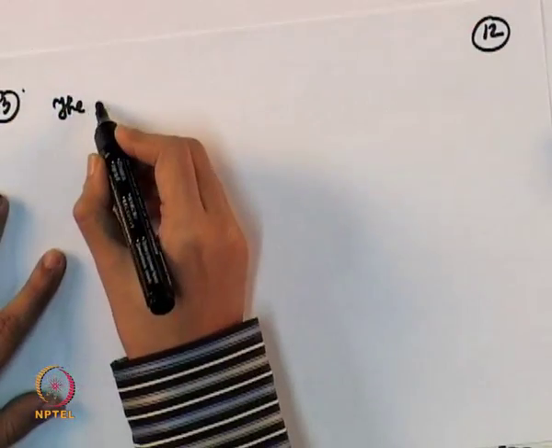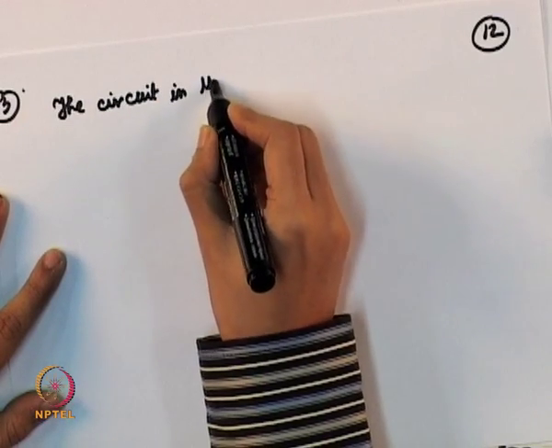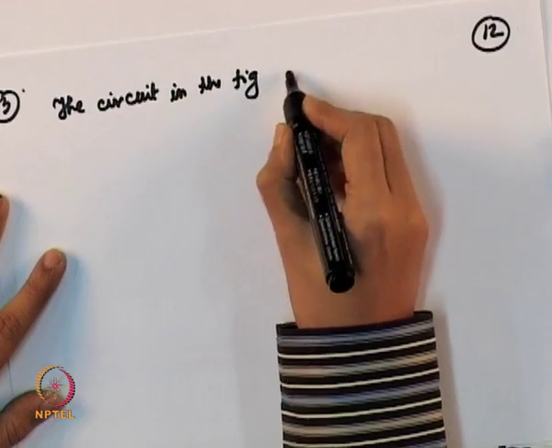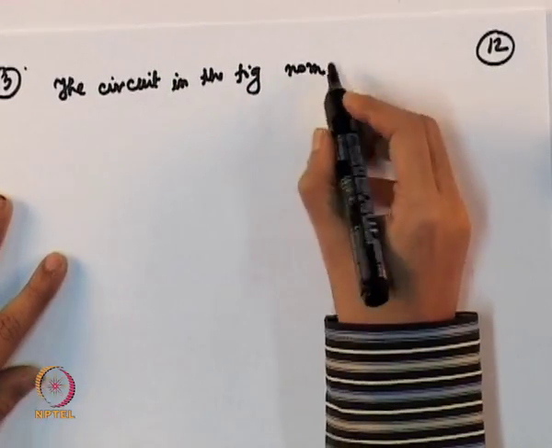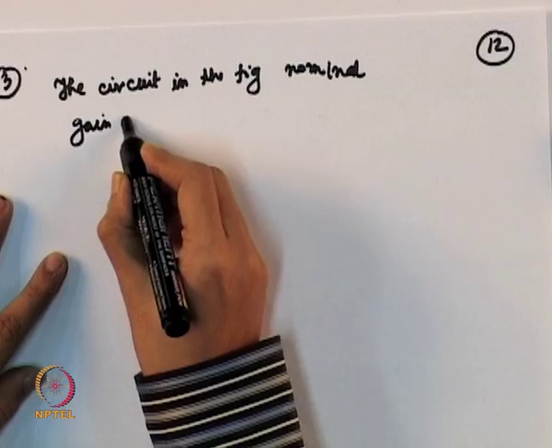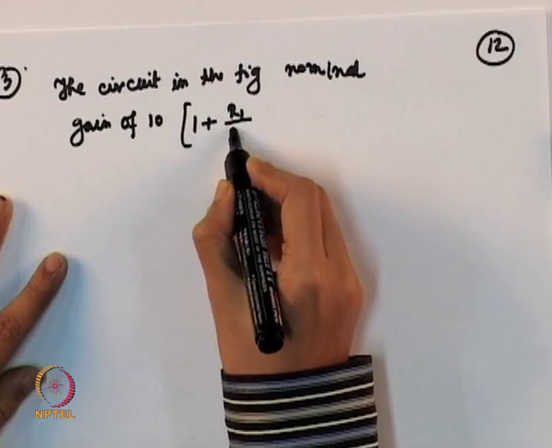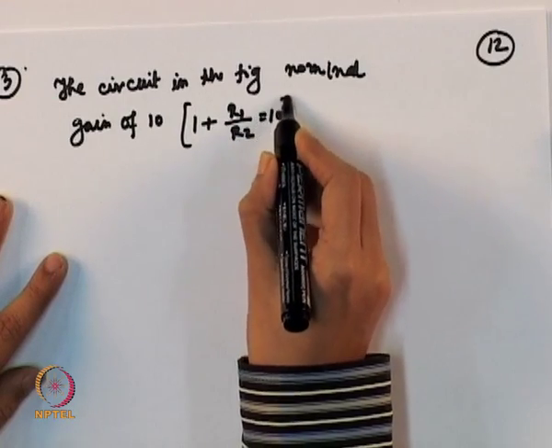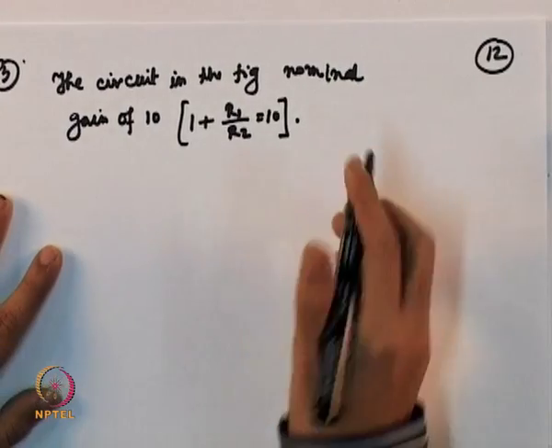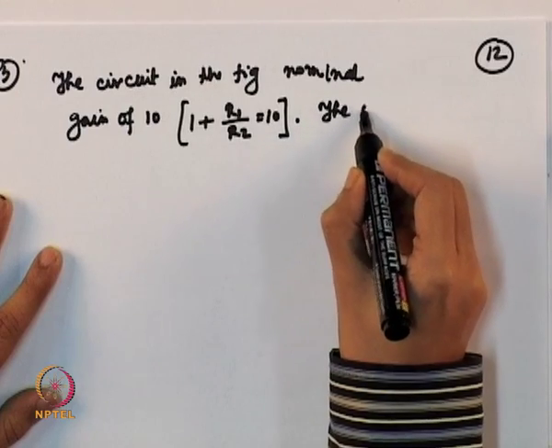So, our third problem is, we will have a circuit in the figure that has a nominal gain of 10, that is 1 plus R1 by R2 equal to 10, and also it has been given that the op amp is not ideal.